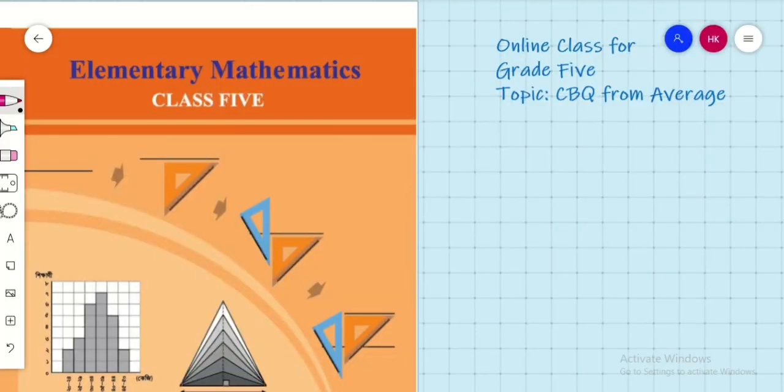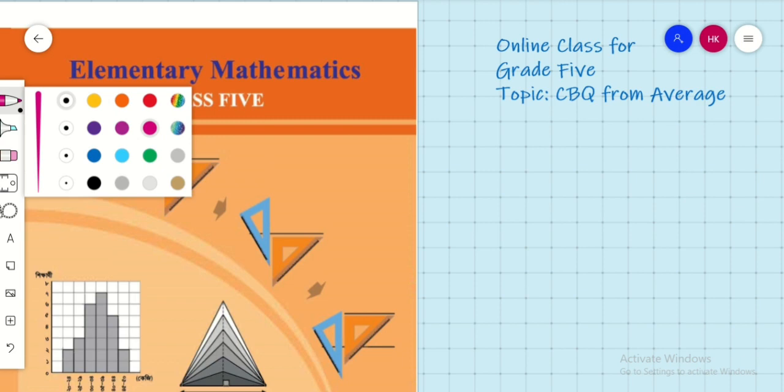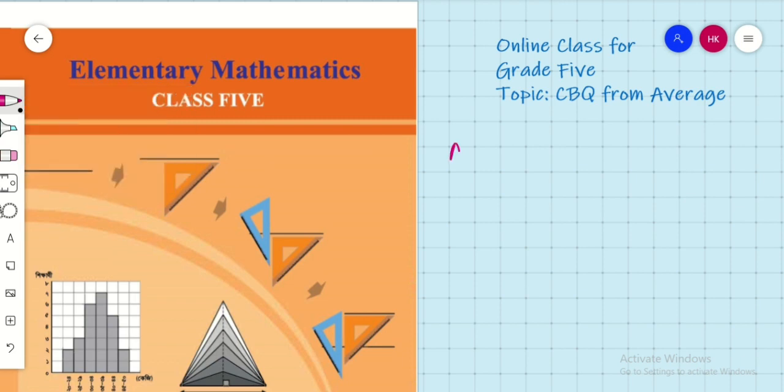To start average today, we just want to review the formula of average. The formula of average is that average is equal to sum of quantities divided by number of quantities.